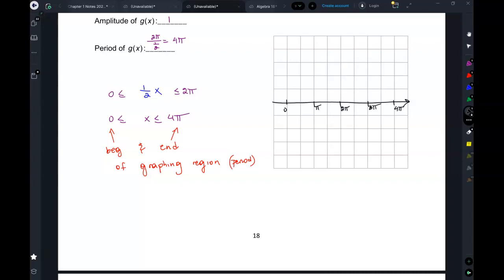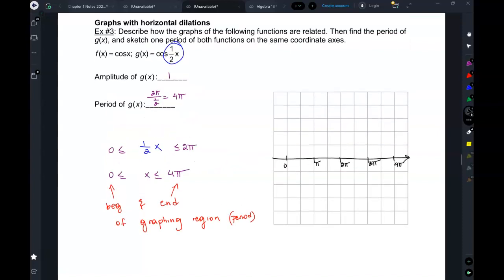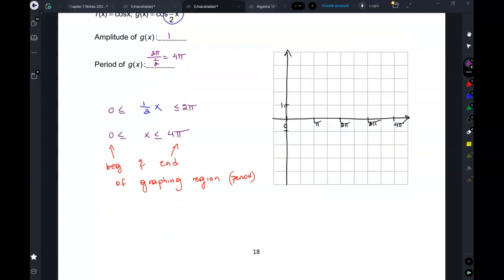Everybody knows what I'm doing over there? Like midpoint, midpoint, midpoint. Okay, so now, what are we graphing? Cosine. So we're going to start away from the x-axis. Do I start at the minimum or the maximum? Maximum. I start from here, go here, go down, and so on.